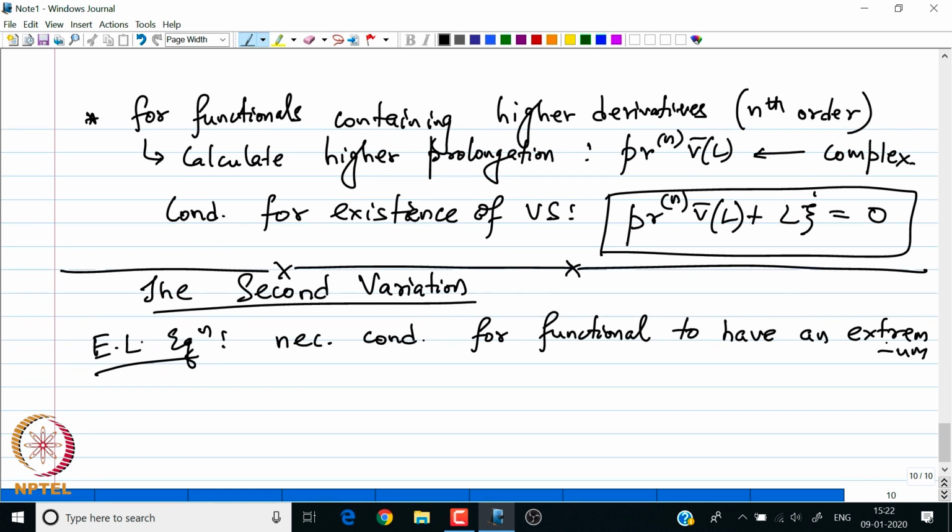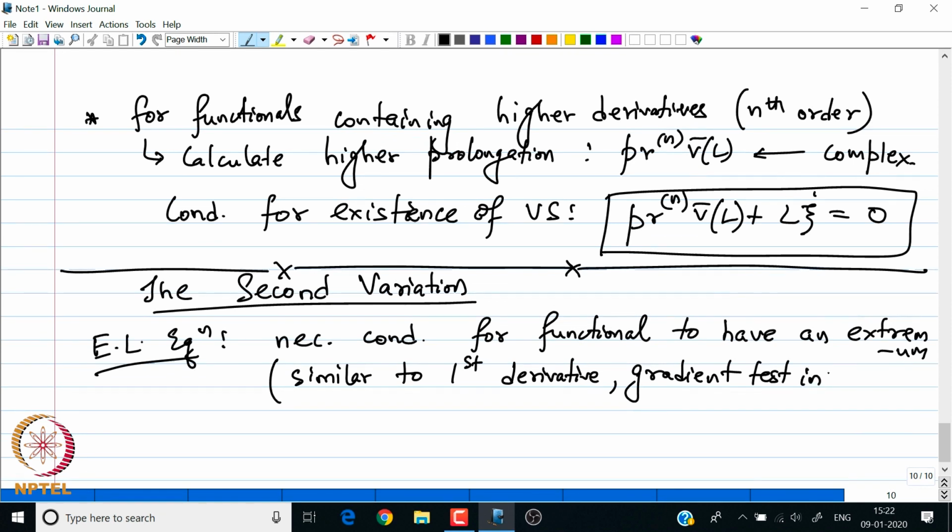Okay. And this is similar to my first derivative, or my gradient test, in finite dimensional space Rn, and Euler-Lagrange is not a sufficient condition, as I just said, especially to determine the nature of the extrema that we find.